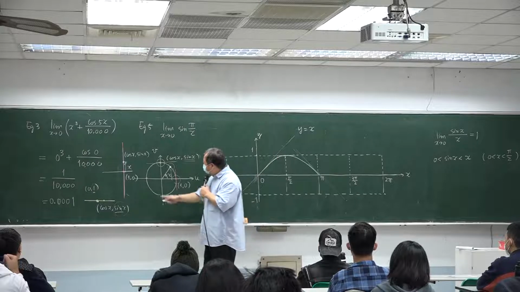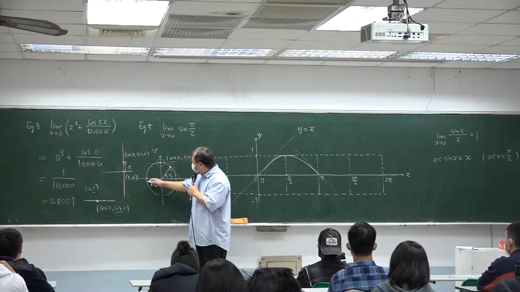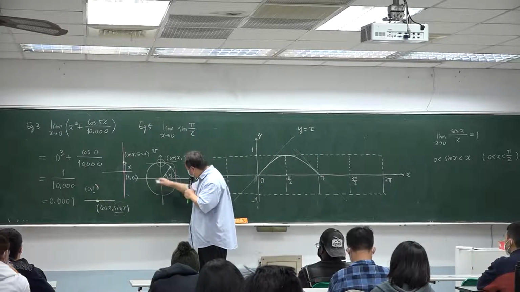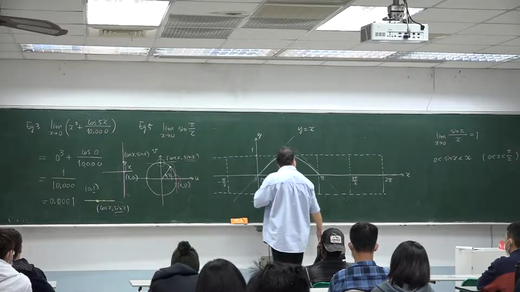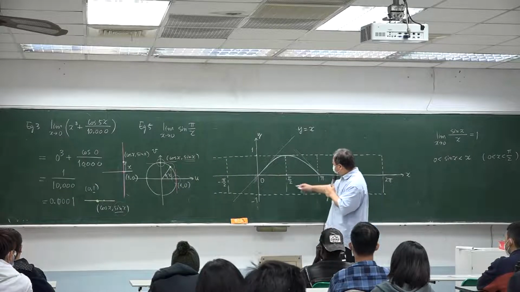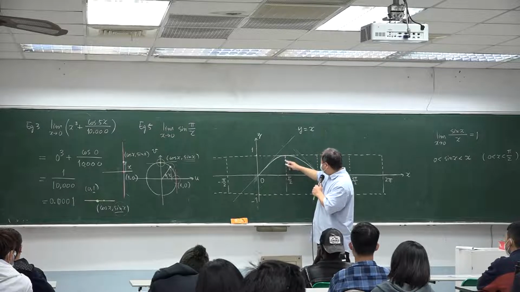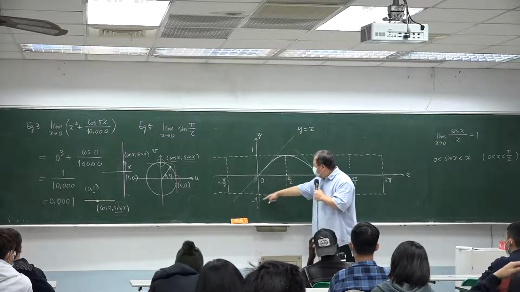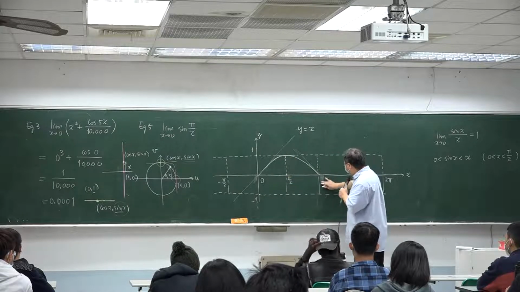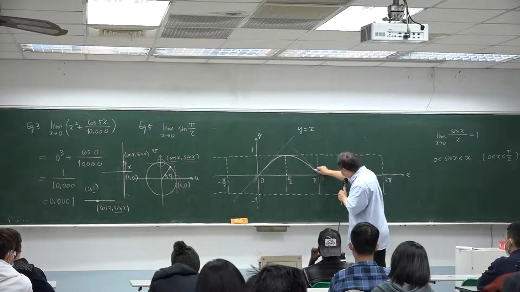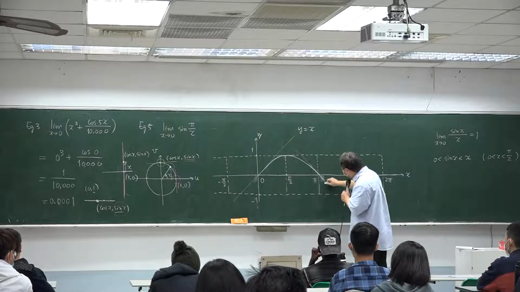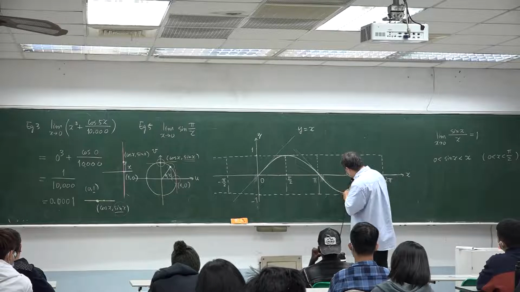It goes from 0 to negative 1, with a tangent whose slope is minus 1.